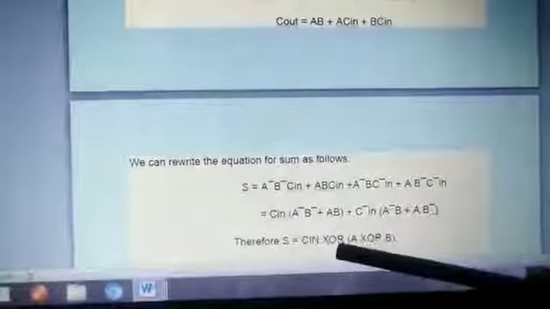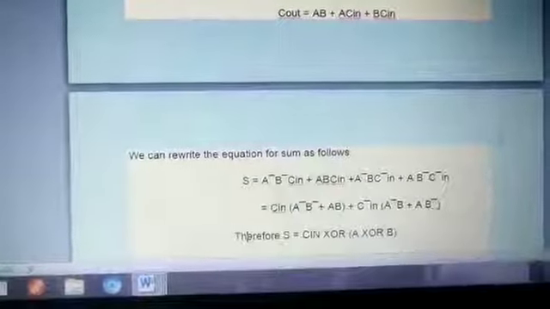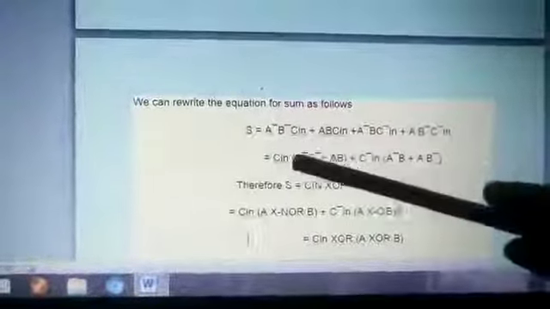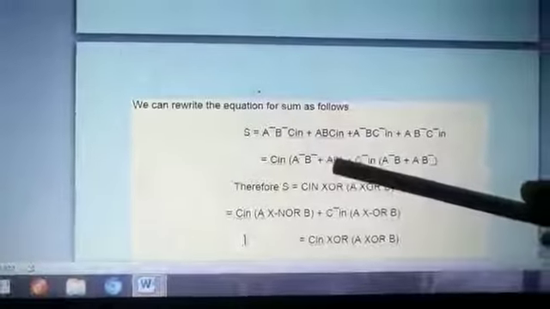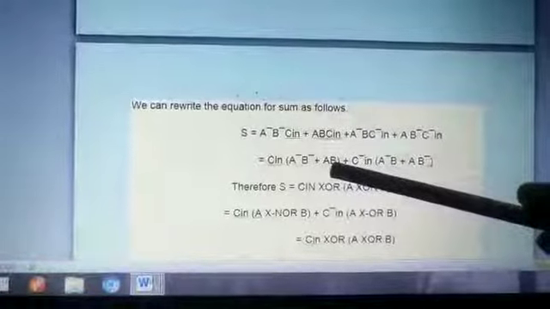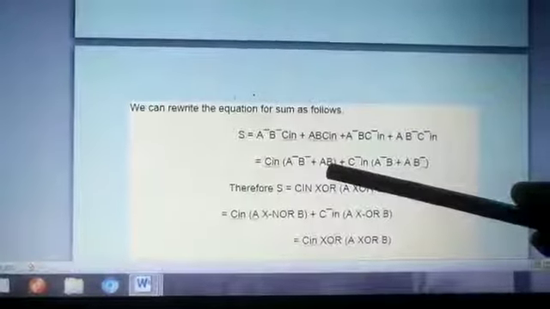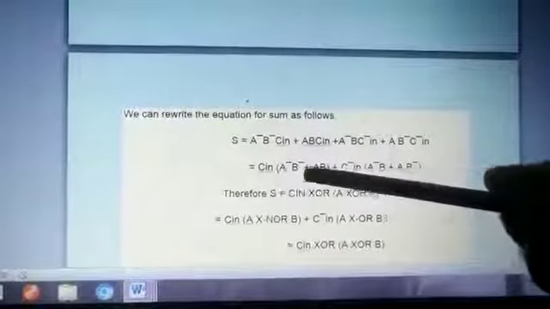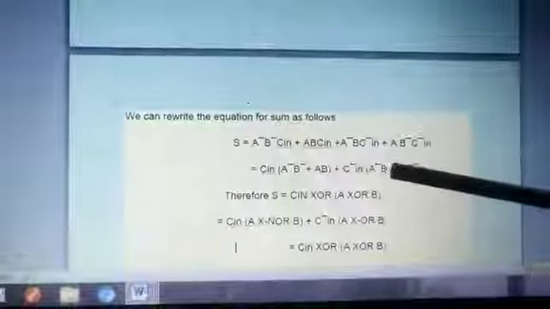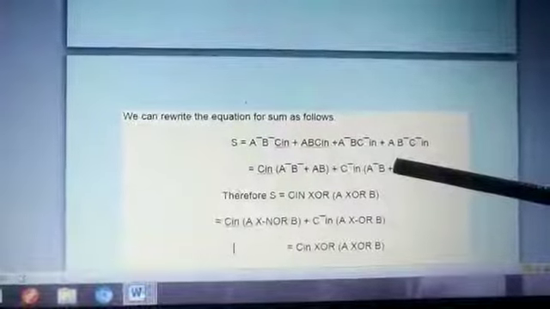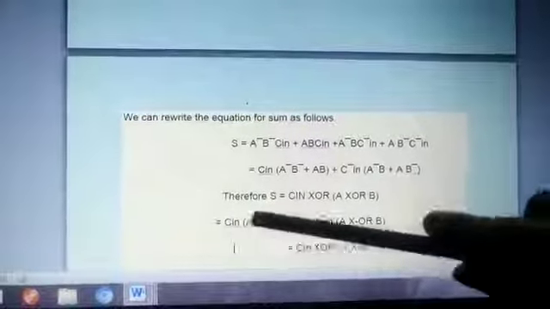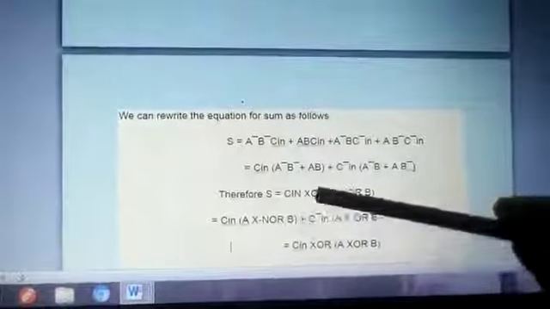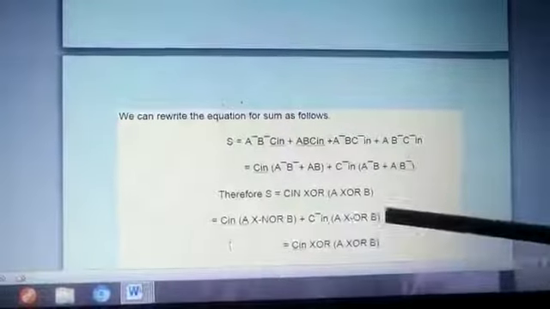That is why it is C in XOR A XOR B. And this expression A bar B bar plus A B is actually the XOR followed by NOT, that is the XNOR gate. So we have C in times XNOR, the bar of the XOR gate, plus C bar in times the XOR gate.